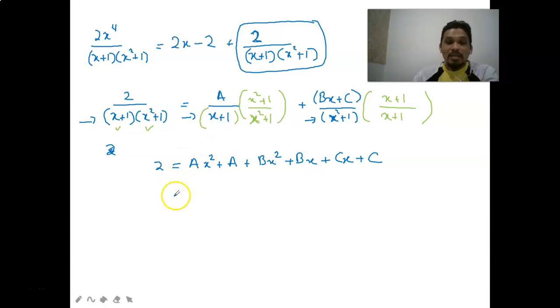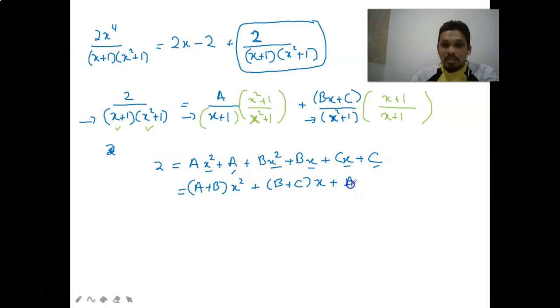Okay, now class, the coefficient of x squared is a plus b multiplied with x squared. The coefficient of x comes out with b plus c multiplied with x, plus the constant, a plus c. Now look at this one here.